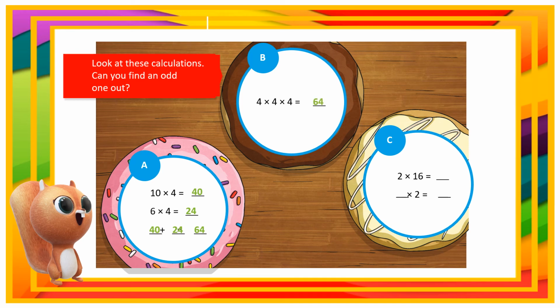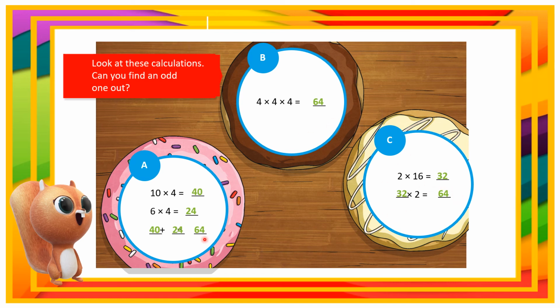We know that 4 times 4 is 16, and 16 times 4 is also 64. And right here we have 2 multiply 16. We know that 2 multiply 16 is 32, and 32 multiply 2 is 64.